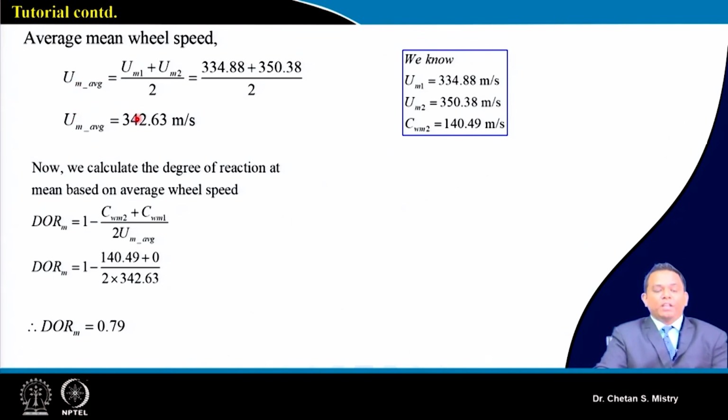If we calculate the average value, we can calculate the degree of reaction at the mid station, and if you put in that number, it is coming as 0.79.